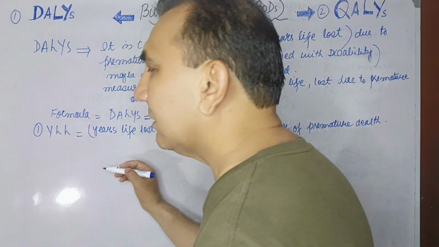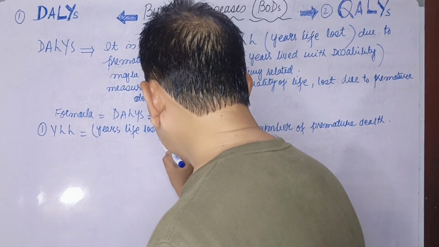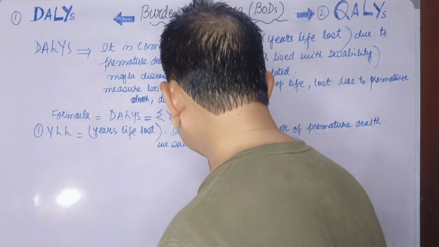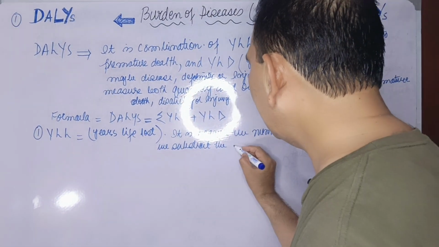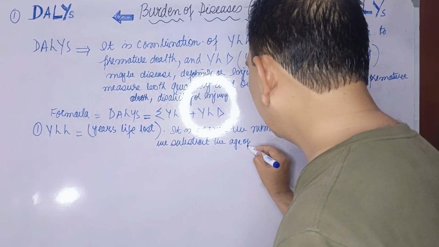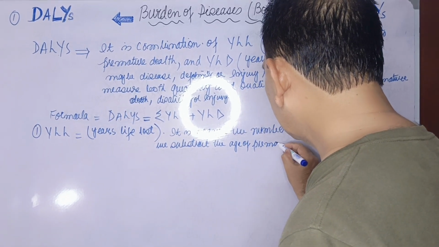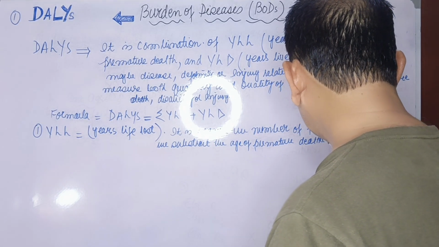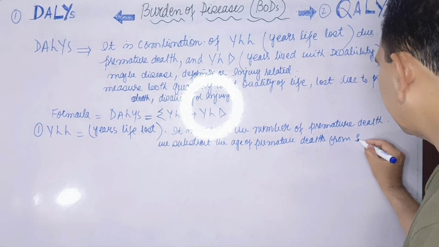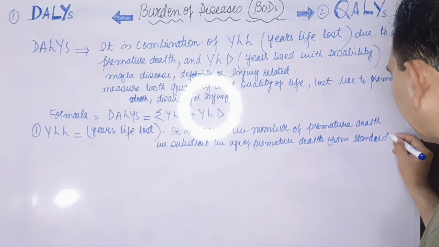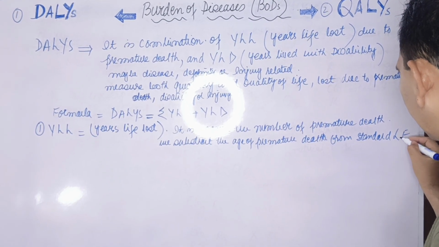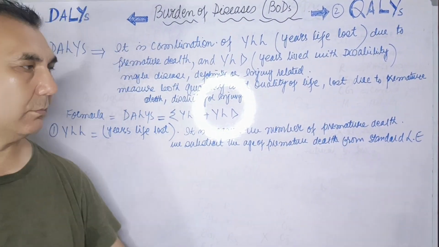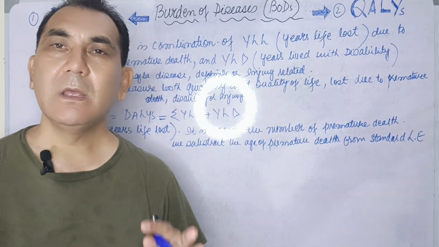In the YLL we subtract the age of premature death from the standard life expectancy. LE means life expectancy.